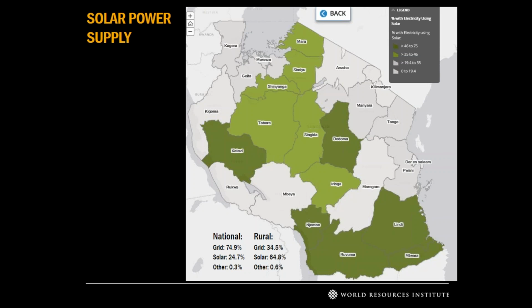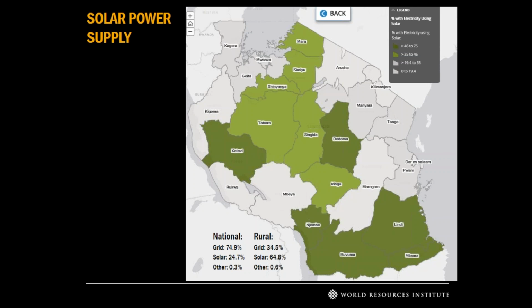This, of course, flips when you look at the urban area. I just want to repeat this because I think it is a very key takeaway from the 2016 update: the progress of electrification in Tanzania has been significantly because of solar, and most likely solar home systems.